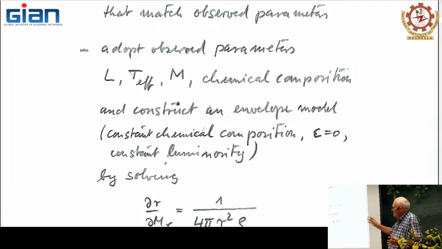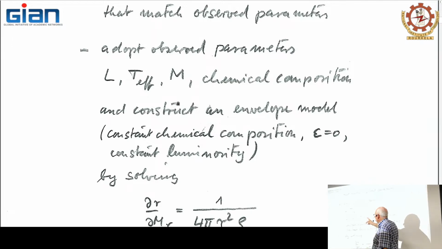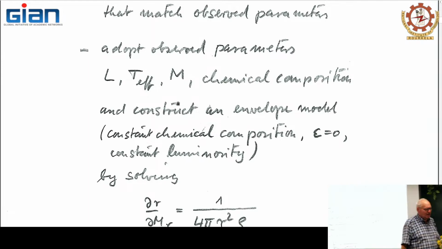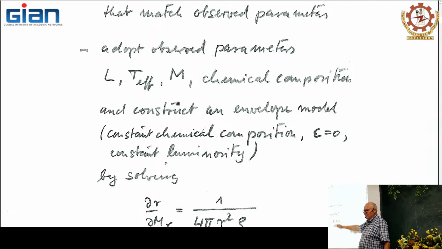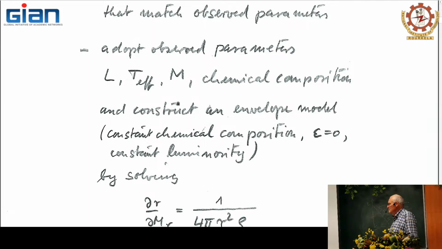Maybe we have an estimate for the mass, or we consider simply a range of masses, and we may hope that the actual mass of the object will lie in the range of masses investigated. Of course, also from observation of the star, we may derive the chemical composition, which is necessary to choose the right opacity tables.